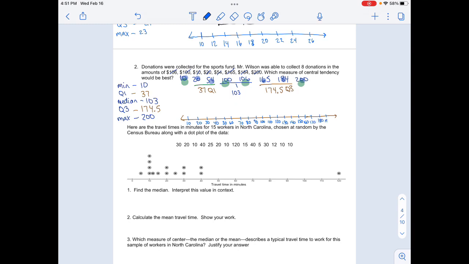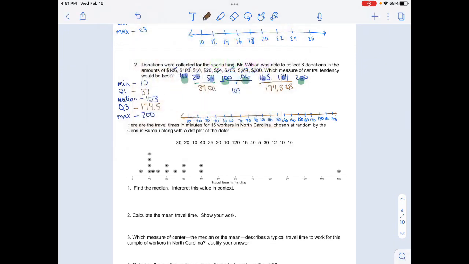Okay, so now I know that my minimum is 10, my maximum is 200, Q1 is 37, Q3 is 174.5, and I know these don't look exact because we have a distance of 10, so we just kind of estimate where we put our lines.